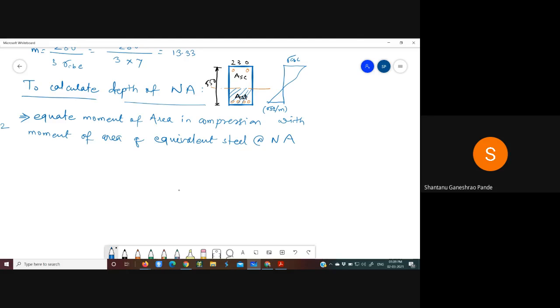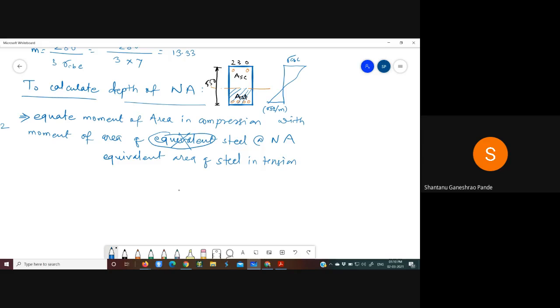Now if you consider this, instead of taking equivalent steel, you can make it equivalent area of steel in tension. You can make this statement as well instead of going for equivalent steel. So why are we doing this?